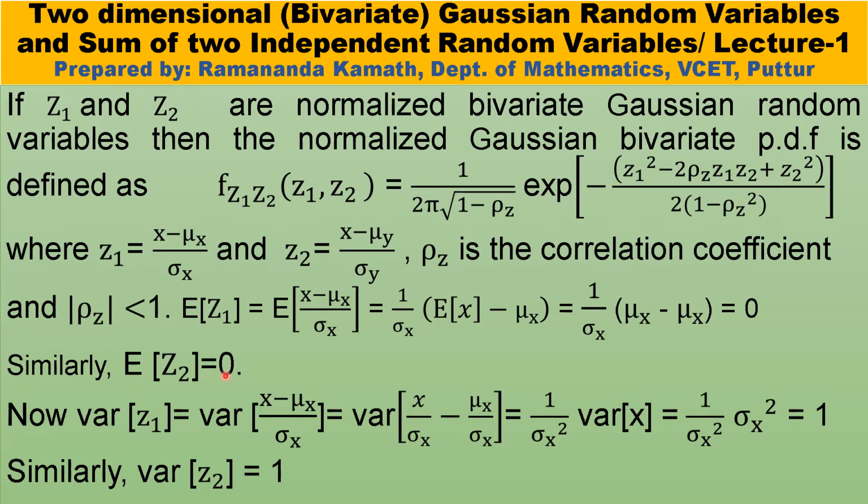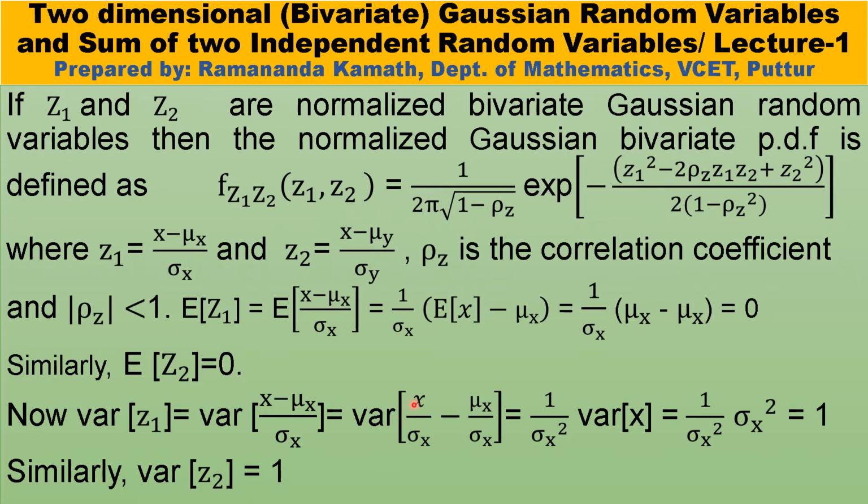Now if we see the variance of Z1, the variance of (x minus mu_x) divided by sigma_x, which is variance of x by sigma_x minus mu_x by sigma_x, where mu_x by sigma_x is a constant. Here 1 by sigma_x, the coefficient of x, is constant. And we have seen for a single random variable, if y is equal to ax plus b, then the variance of y will be a square into variance of x.